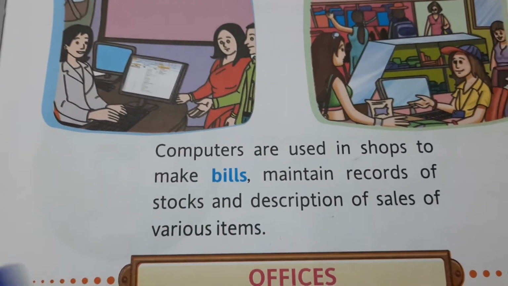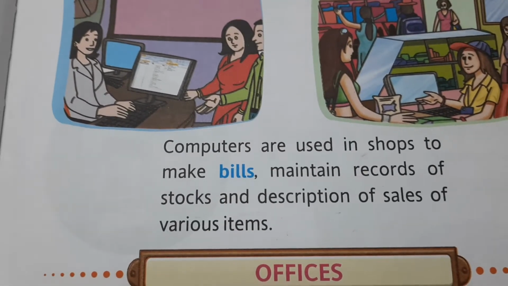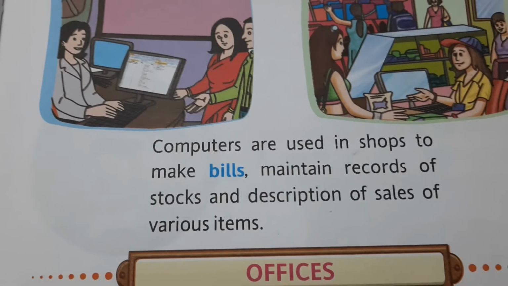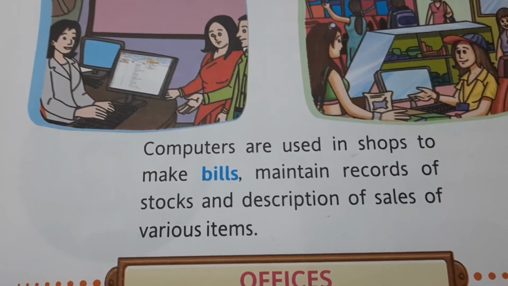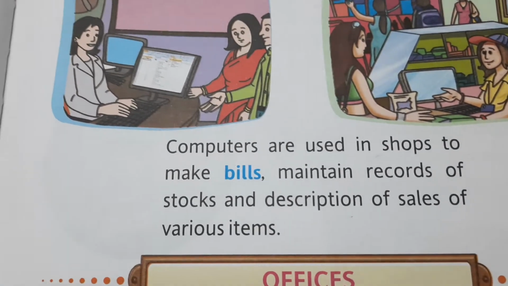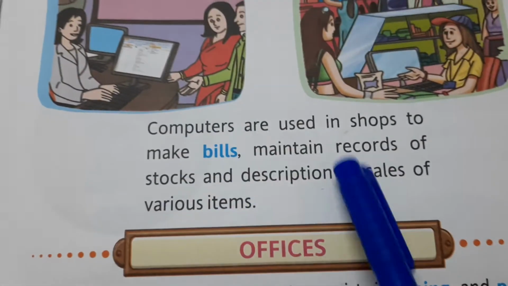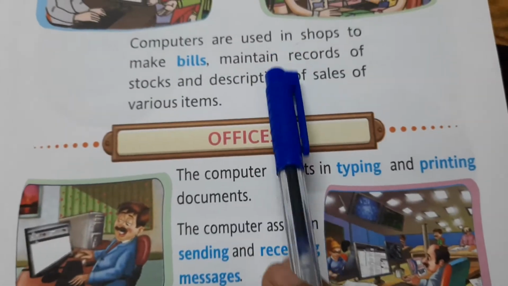They usually have a centralized billing system, which means whether you go to the first, second or third floor, you pay the bill at one place, or maybe at a different place, but while leaving the store you need to show it to the person concerned. This way computers are being used in shops and hotels also.